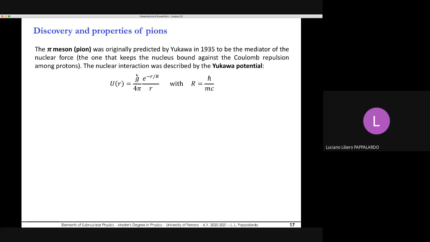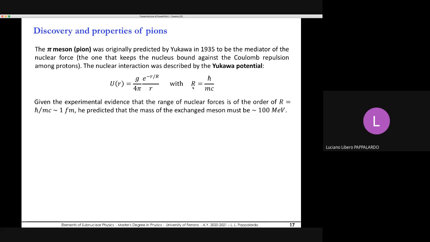The nuclear interaction was described by the Yukawa potential that we already studied in some detail, where R gives you the range of the nuclear interaction. Given the experimental evidence at the time that the range of the nuclear forces is of the order of 1 Fermi, essentially the size of the proton, Yukawa predicted that the mass of the exchanged meson, through this relation, must be of the order of 100 MeV.